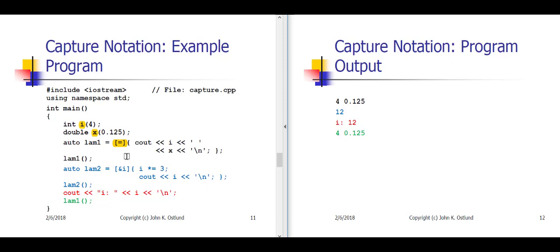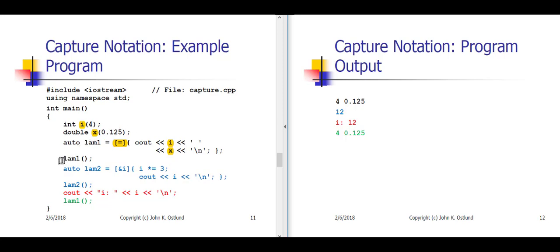Now, the two objects that are in scope here are the local variable i and the local variable x. So we're capturing the current values of those objects for use in the body of the function. That is, if I use i in the body of the function, that will be replaced with a 4, and if I use x within the body of the function, that will be replaced with a 0.125.